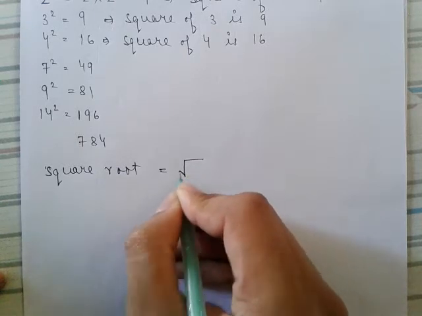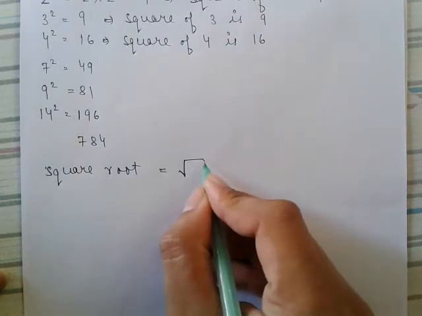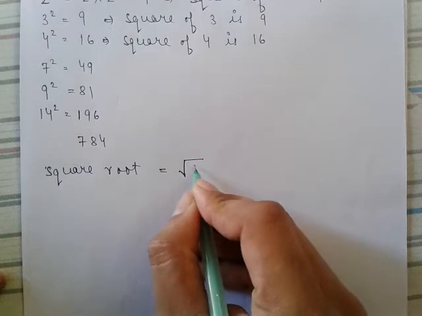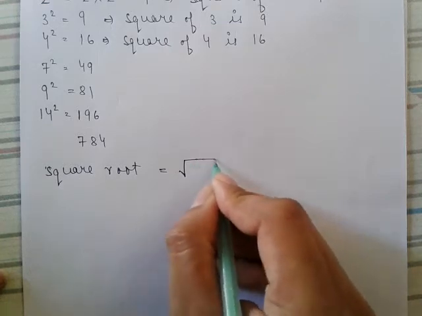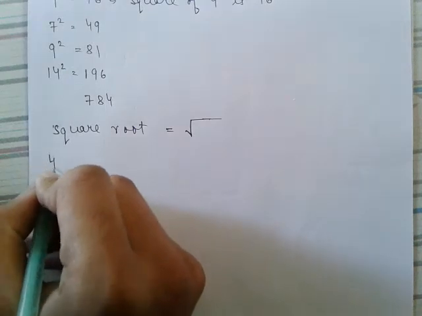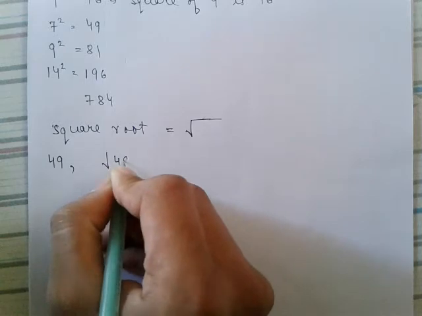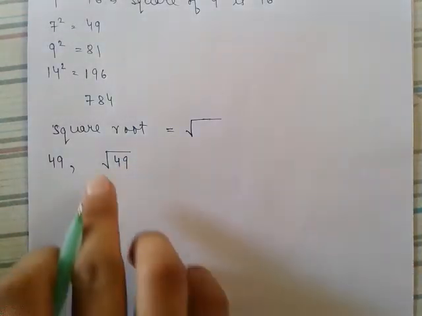Whenever you want to find the square root of a number, you draw the symbol and write the number inside it. So if you want to find the square root of 49, you put the symbol here and place 49 under this symbol.